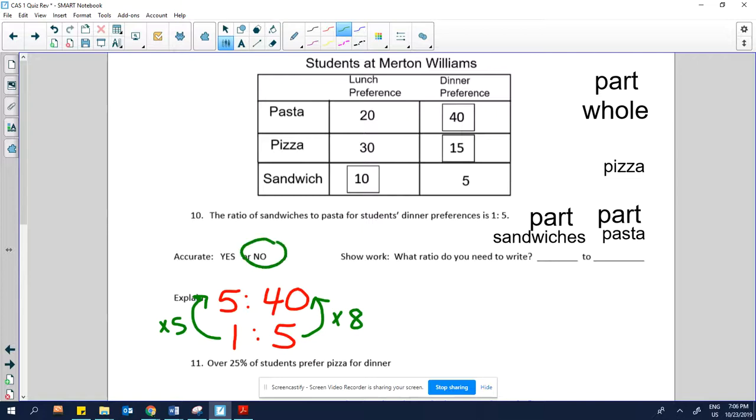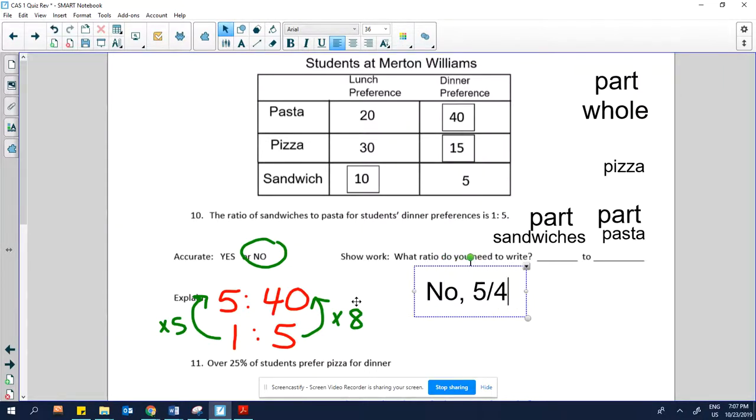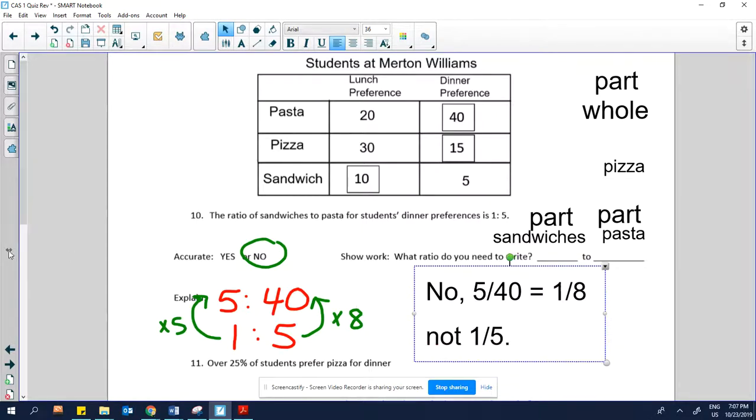This is a no. You could also check it. 5/40 is 1/8, and the other one is 1/5. So it is not the same for multiple reasons. We've got no. 5 out of 40 equals 1/8, not 1/5. There you go. That was a part to part.